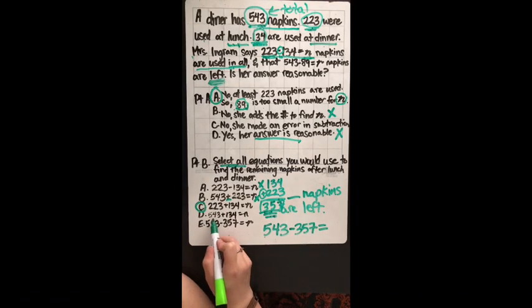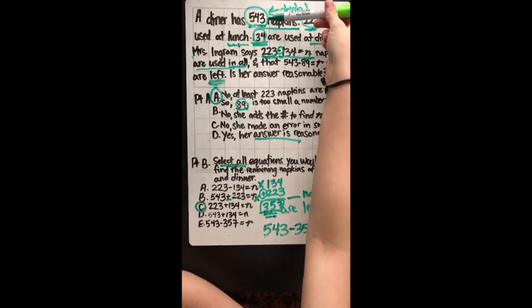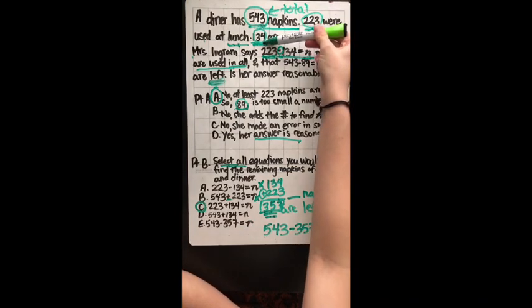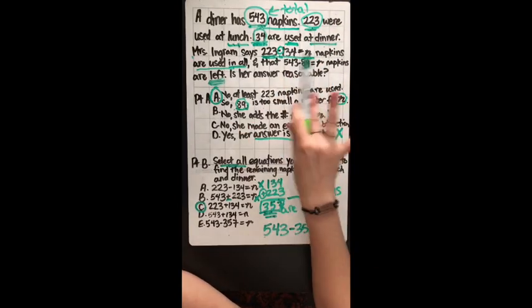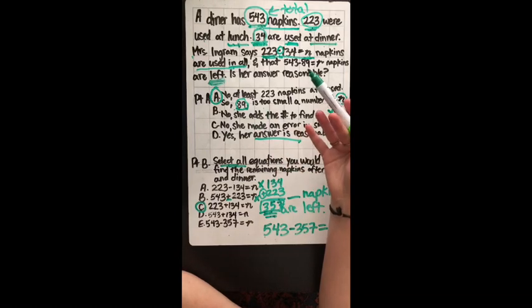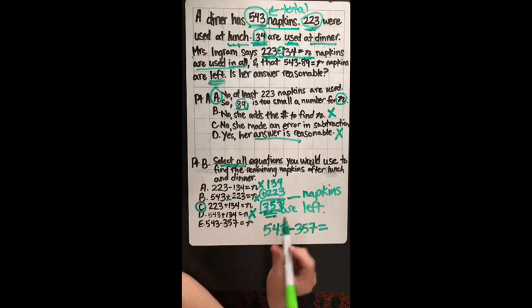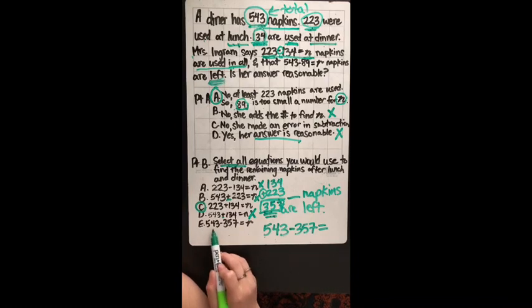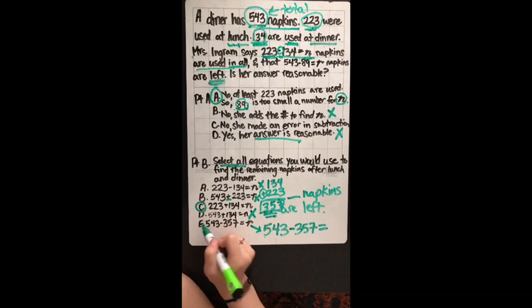Here we have 543 plus 134. How did they get this one? They added the total with the dinner. So once again, it doesn't make sense, because we used them. That means they're not here anymore, not that we got more. So this one can't be addition either, which leaves us with E, 543 minus 357, which, if we look right over here, is also correct.